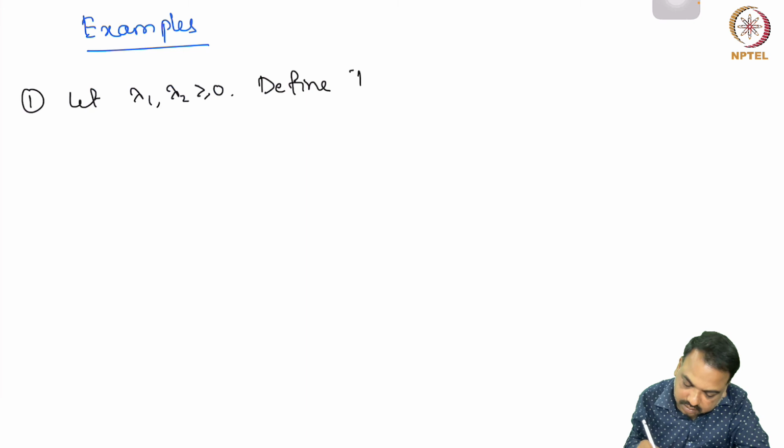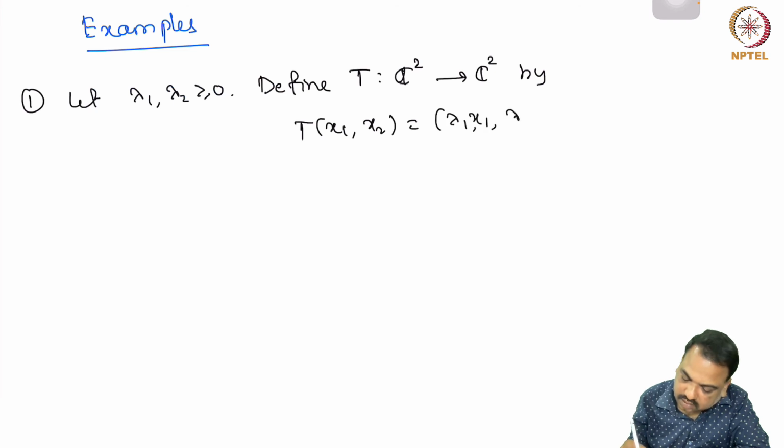Define T from C2 into C2 by T of (x1, x2) is (lambda 1 x1, lambda 2 x2) for all (x1, x2) in C2.